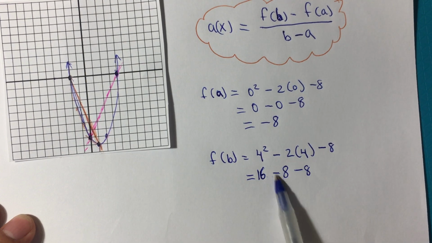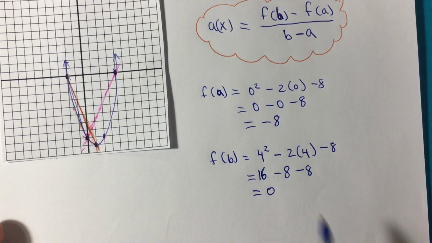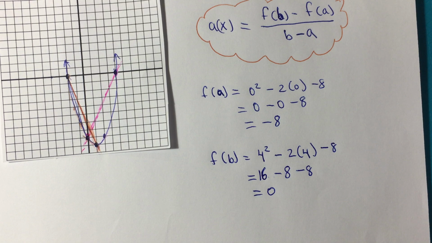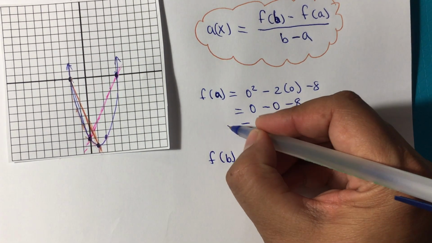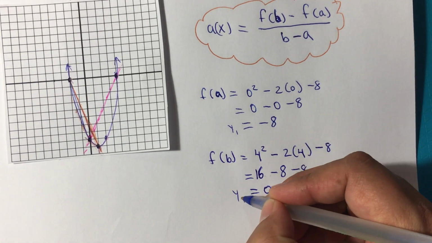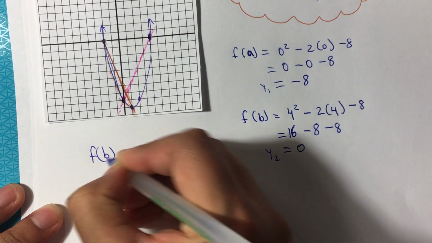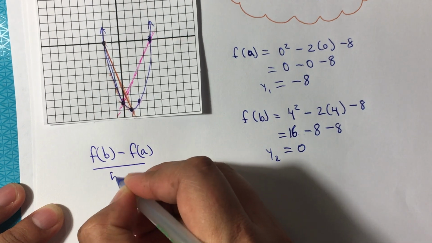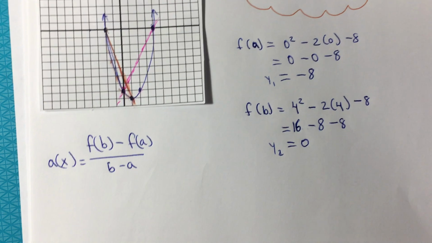So 16 minus 16 is 0. So now we have the values for f of a and f of b, meaning y1 and y2. And now let's apply this formula. Let me rewrite it in here. F of b minus f of a over b minus a. And that's for the average rate of change.